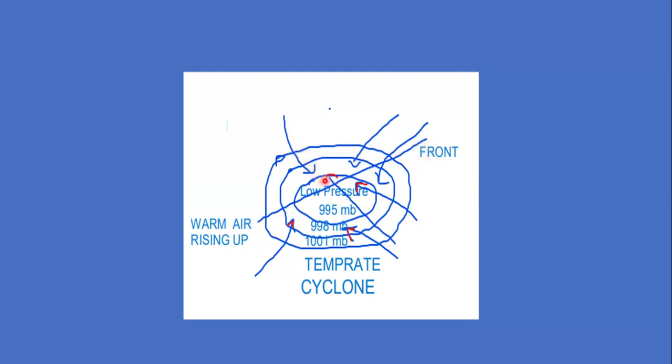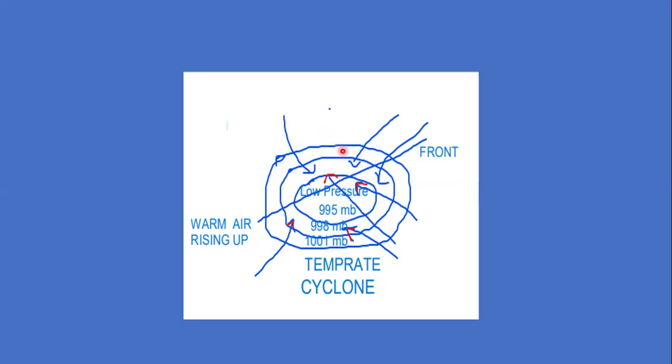Meeting of the warm air and cool air causes weather disturbances, it causes storms. Warm air being light rises above the cool air, and warm air has moisture in it. It reaches a height, cools down, and then condensation occurs, rainfall occurs, and the weather disturbance takes place. So temperate cyclones are frontal in nature.